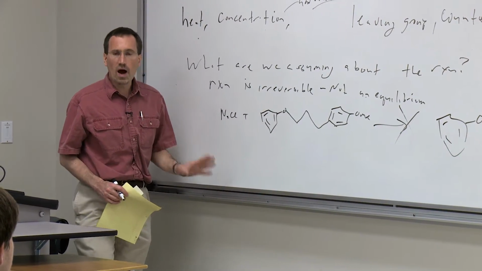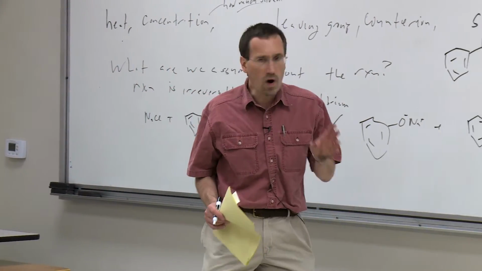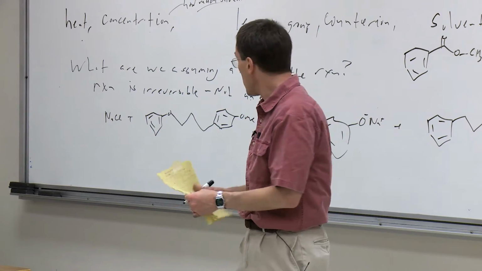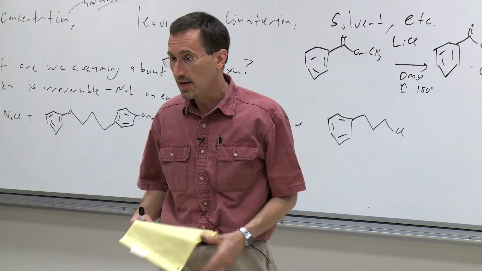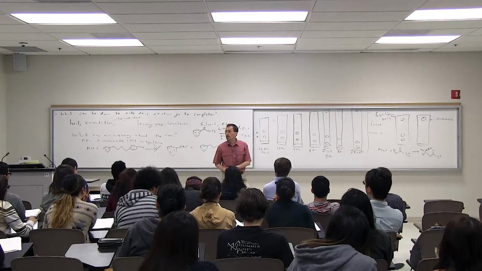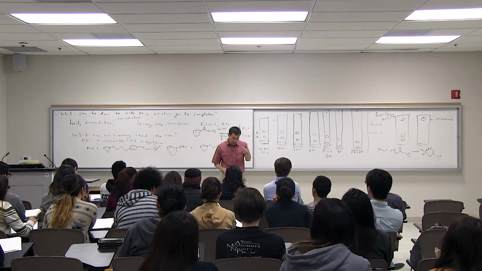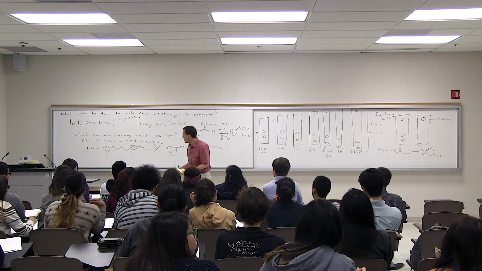All right, what are we assuming about this reaction? What is the mechanism? What type of reaction are we assuming here? And for that matter, what type are we assuming in the sulfonium salt? We're assuming that the nucleophilic oxygen can displace the halide, that the mechanism involves displacement, SN2.